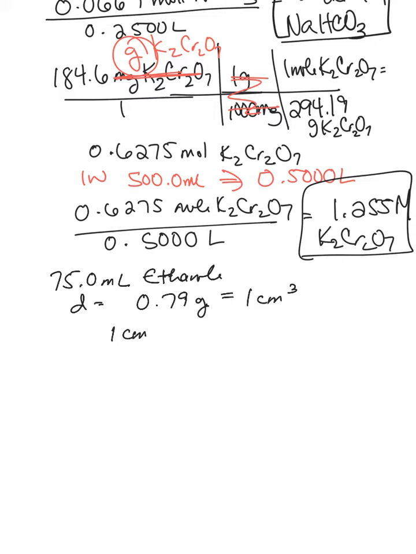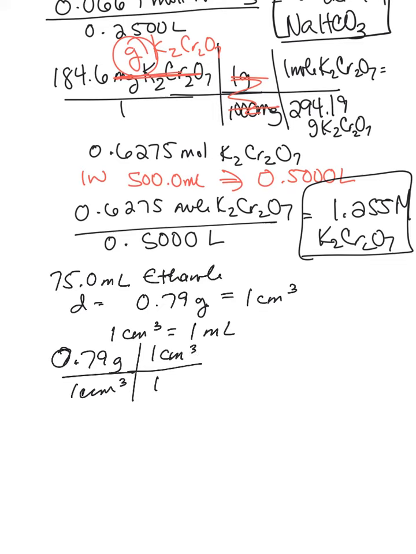And we also know that 1 centimeters cubed equals 1 milliliter. So we can say 0.79 grams per 1 centimeters cubed. And for 1 centimeter cubed, we have 1 milliliter. That works out to be 0.79 grams per milliliter because these cancel out.